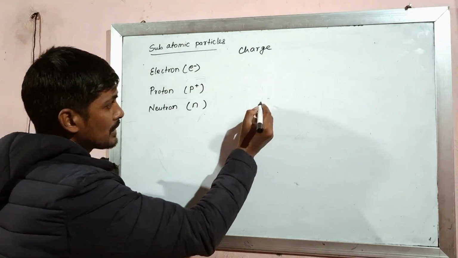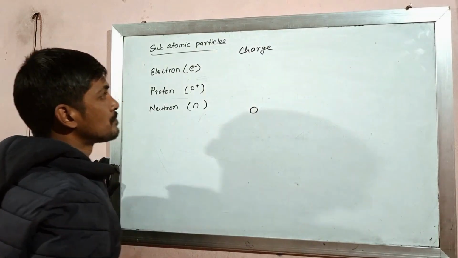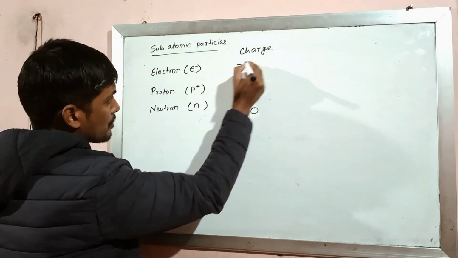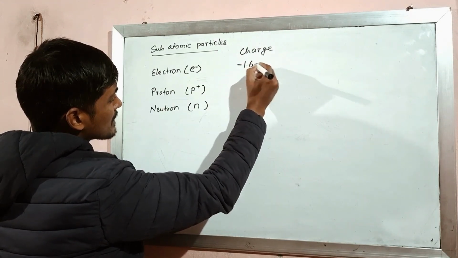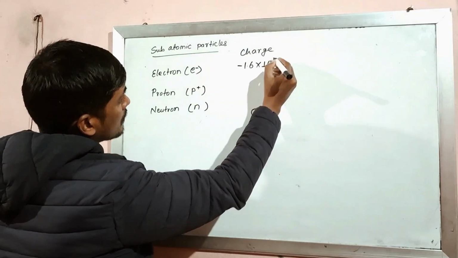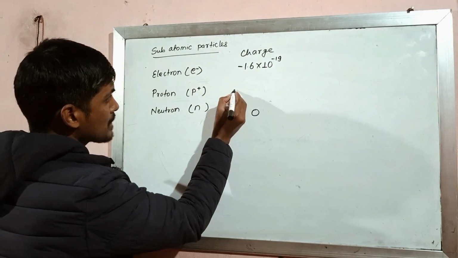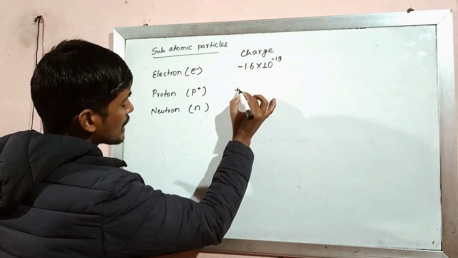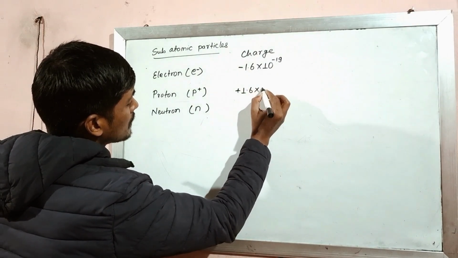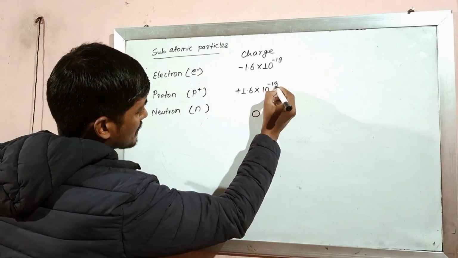Since neutron is chargeless, we can write 0 charge. Electron is negatively charged, so minus 1.6 into 10 to the power minus 19. Whereas proton is positively charged, so plus 1.6 into 10 to the power minus 19.